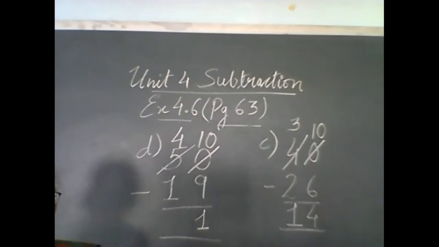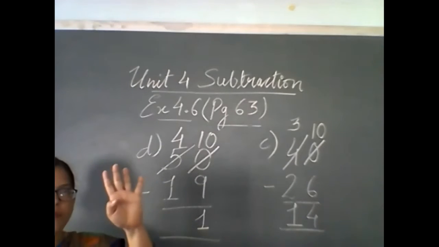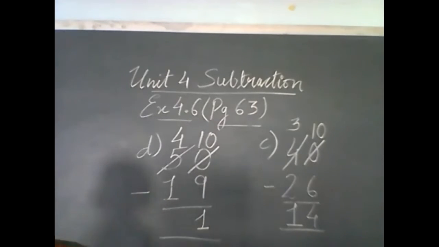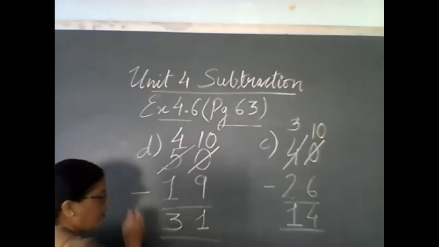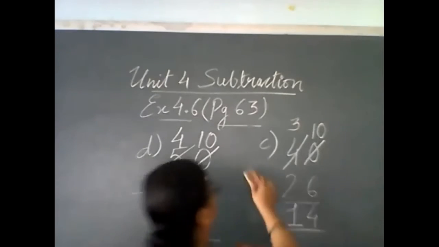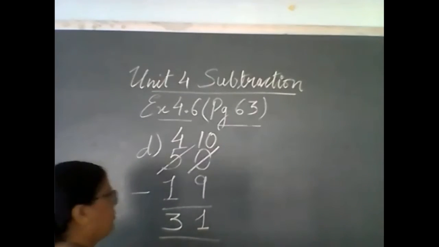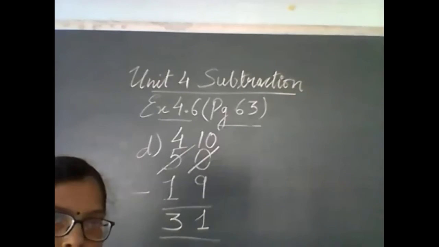Count on your fingers. Yes, very good, Aradhya. Your answer is correct. So 4 minus 1, the answer is 3. Write this answer, all of you. Write fast. Be careful.